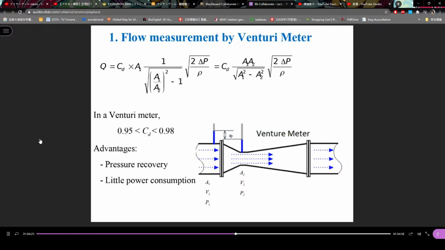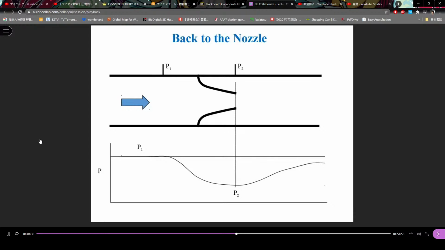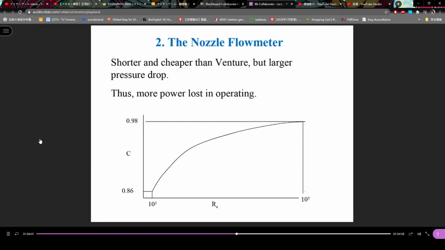Then you can calculate the volumetric flow rate, and times SG, you can measure the mass flow rate. So you should be very, very familiar with this procedure.